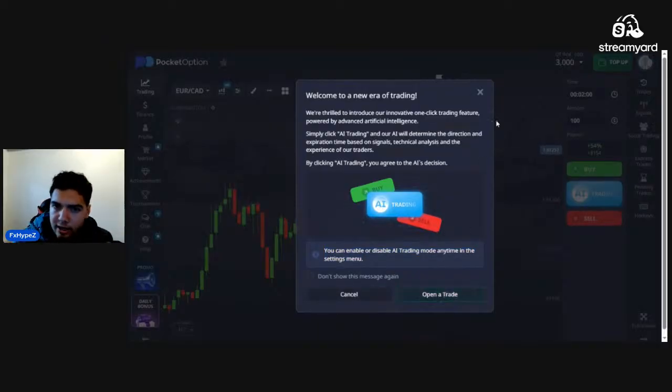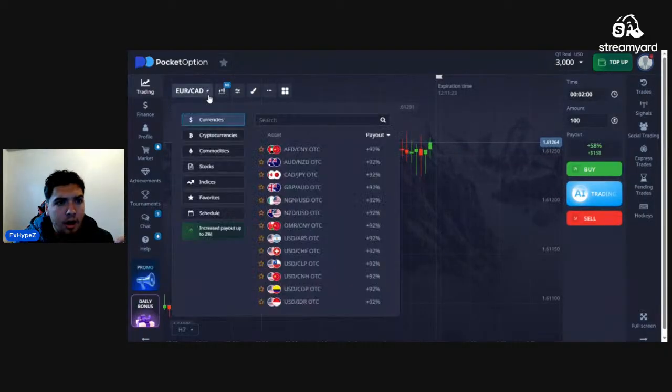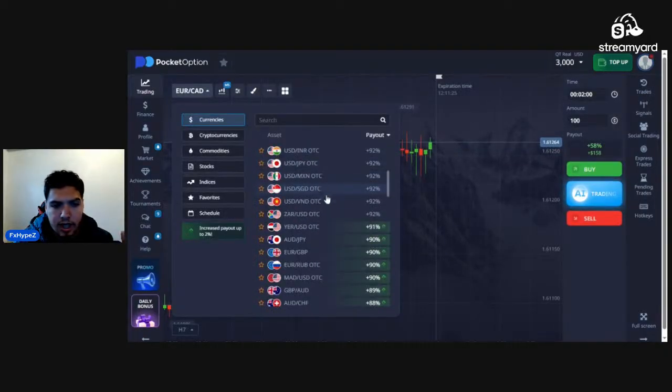So before we click on open a trade, like I said, I've never tried this out before. Does the AI trading apply to the OTC markets only, or does it apply to the live markets as well? I'm not entirely sure. And that's what we're going to be checking out today. So obviously, like I said, we'll be sticking to the live markets.